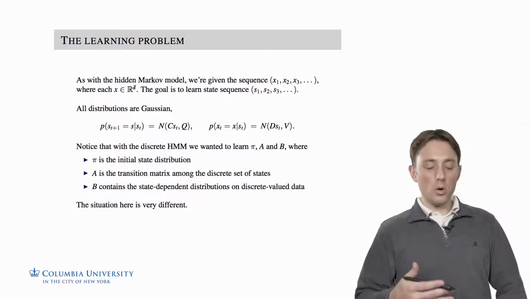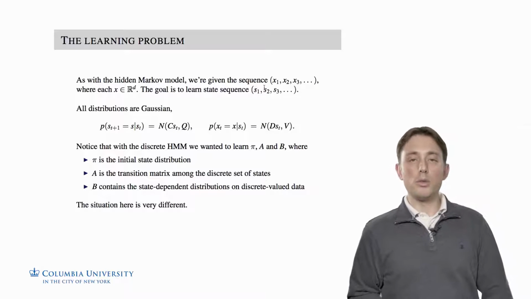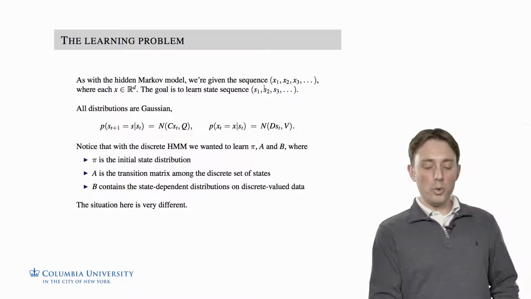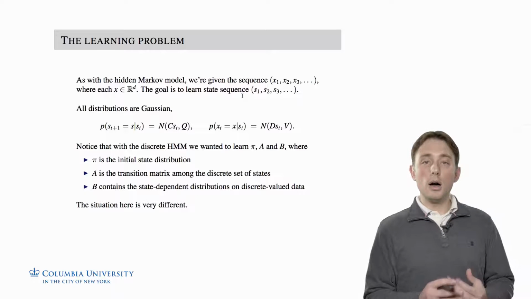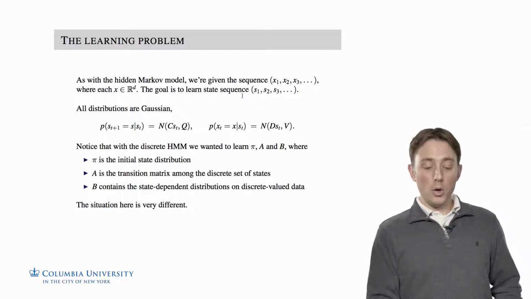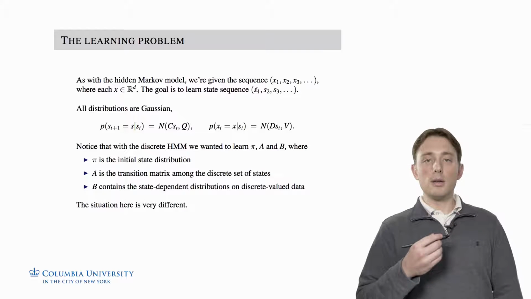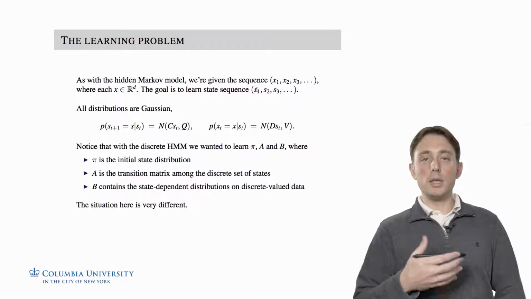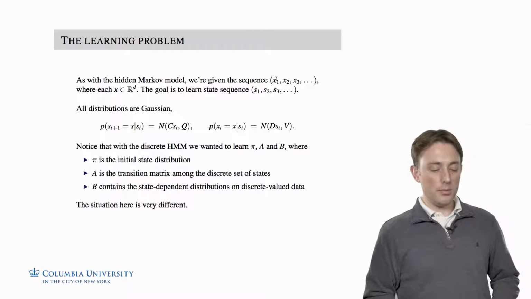And now the goal is to learn the underlying state sequence S1 through ST. So similar to the HMM, we want to learn what's going on with this hidden state sequence. Unlike the HMM, the only thing we're learning is this underlying state sequence. We're not learning the emission distributions called B last time, or the transition matrix A, because we now have a continuous transition distribution.